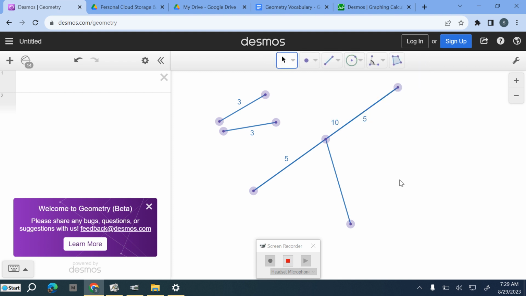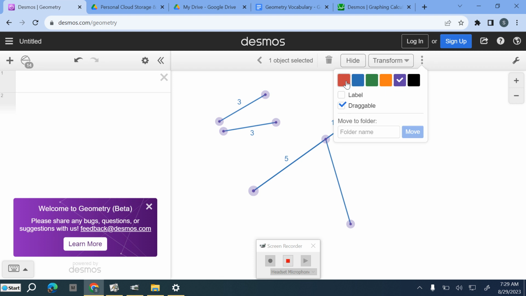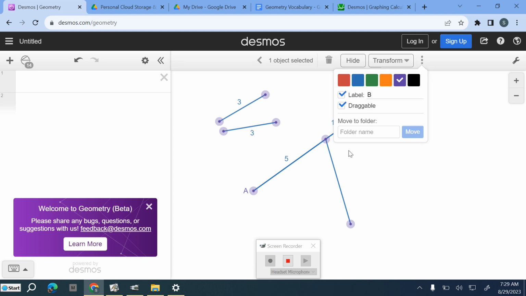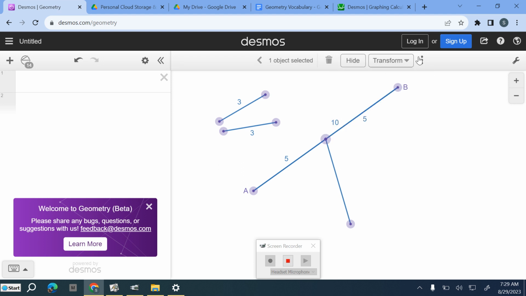All right. So I have segments. This is my bisector. So I'm going to label it. Select, label, label, select, label, label, select, label.